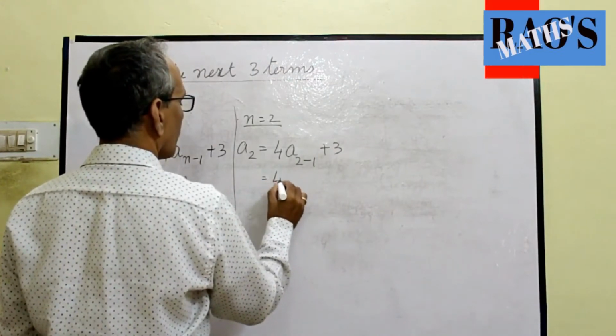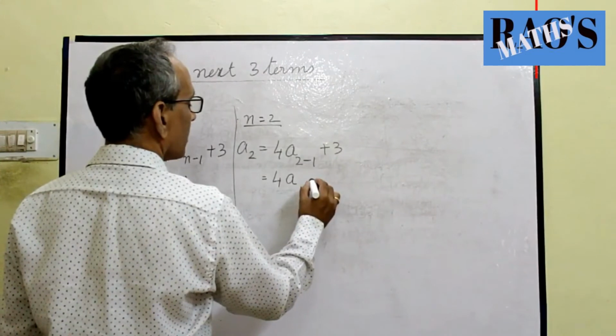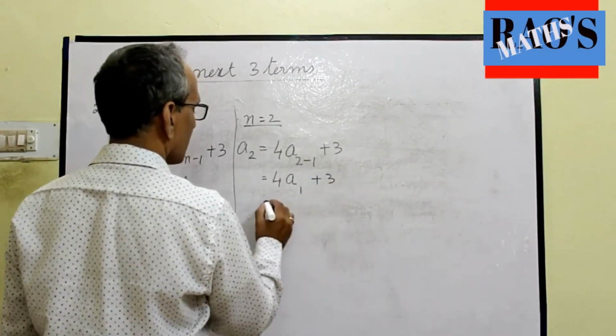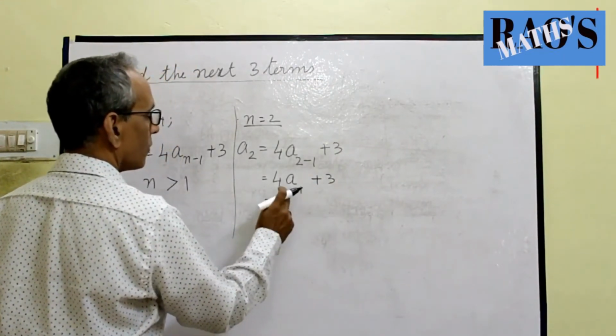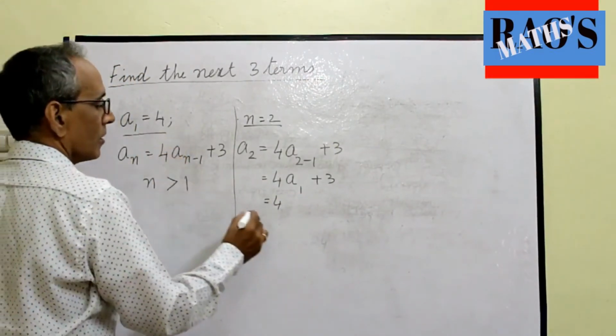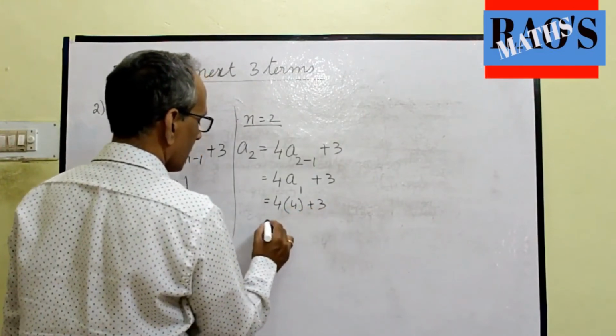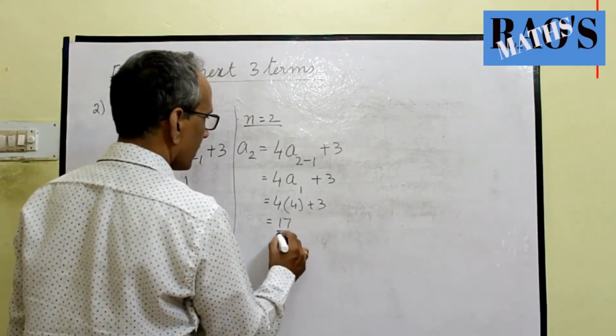So 4 times a1, the term 1, plus 3. That is 4 times the first term. The first term is already defined, that is 4. So 4 times 4 plus 3, that is 19.